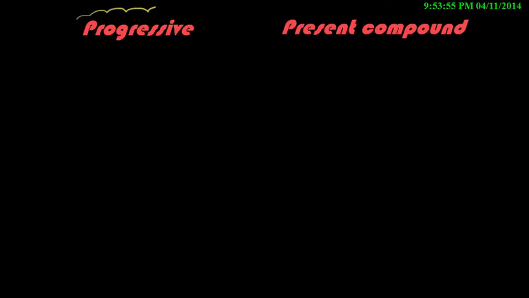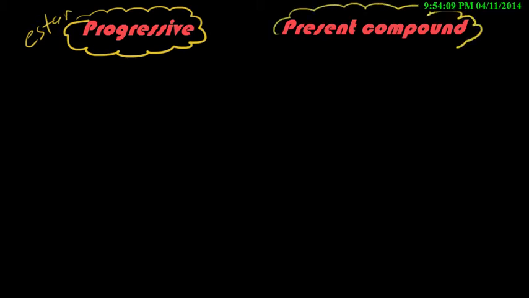The progressive form of the verb in Spanish is with the verb estar. The present compound is something else, and this is with the verb haber. Okay, we're comparing those verbs.